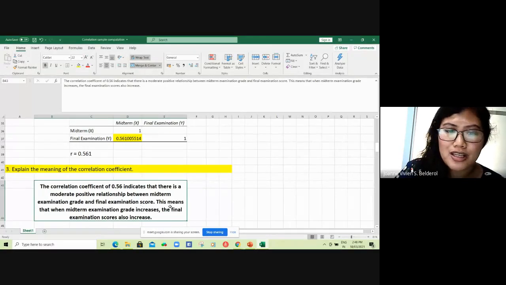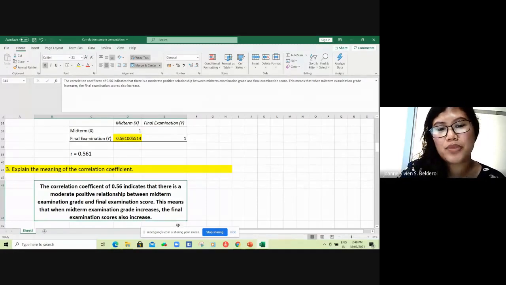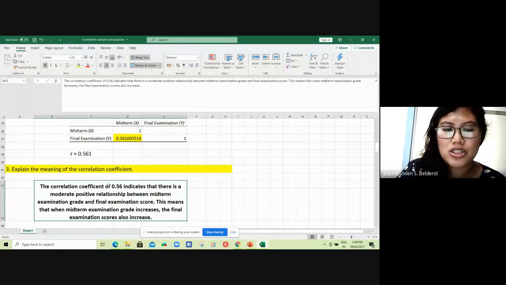Do not forget to interpret what moderate positive means. So this means that when midterm examination grade increases, the final examination score also increases. It's that simple. You can follow this statement, you just change the correlation coefficient and its relationship.